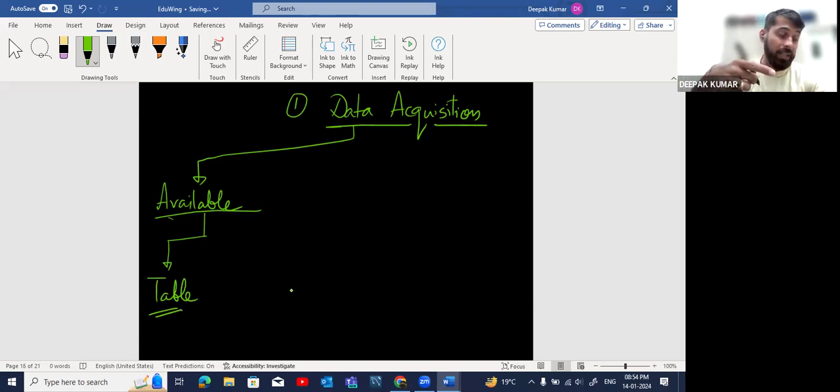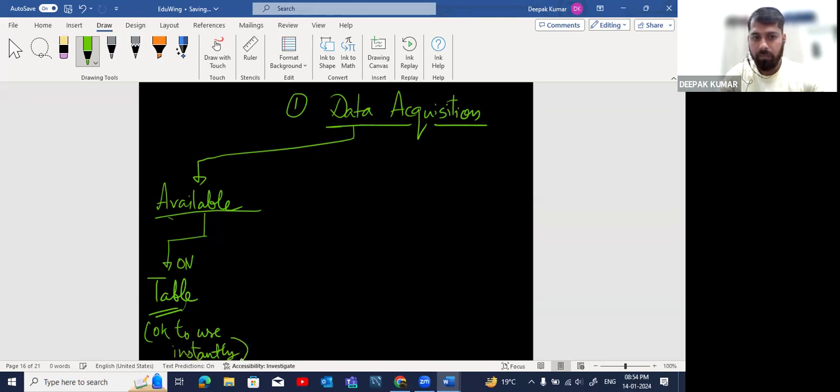This table does not mean that it is available in a tabular format. Here it says on the table, so let me add it: on table, okay to use instantly. This is the meaning. It's not a tabular kind of thing I'm saying.